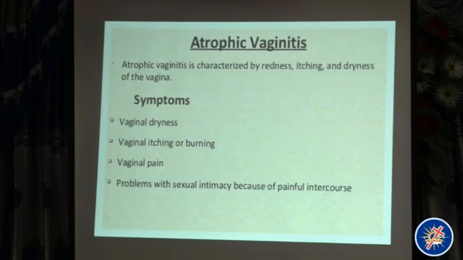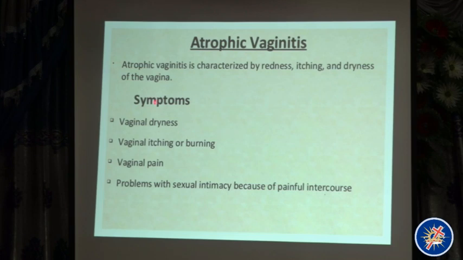Now this one is for ladies who are much older. Atrophic vaginitis is a problem that comes because of estrogen, which is supposed to help ladies have secretions within the vaginal lumen; they have a problem of dryness.